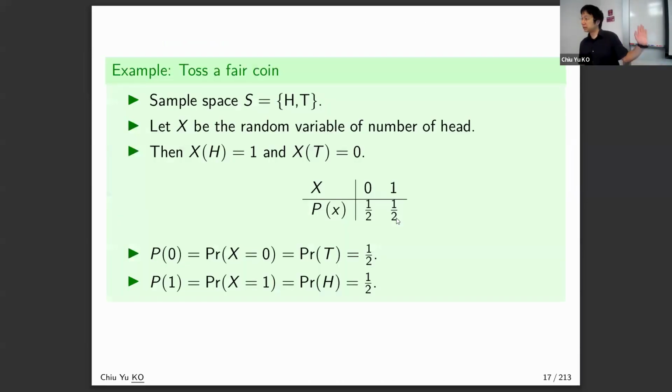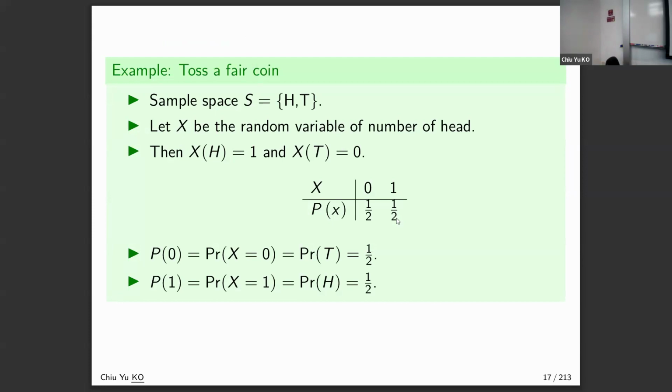Let me give an example. This is a very simple example. I have a head and a tail, just toss once, and suppose they are equally likely, 1/2, 1/2. Then the probability that X equals 1, which is head, is 1/2. So P of 1 is 1/2, and P of 0 is 1/2.